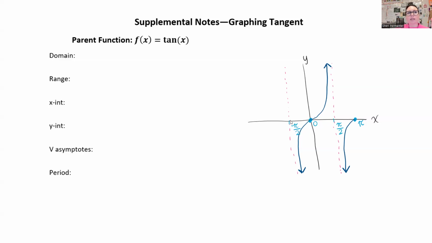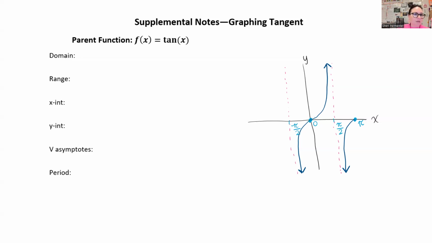Well, this distance is pi over 2, and this distance is pi over 2, or a half of pi and a half of pi. If we add those distances together, how long is that? You get a whole pi.